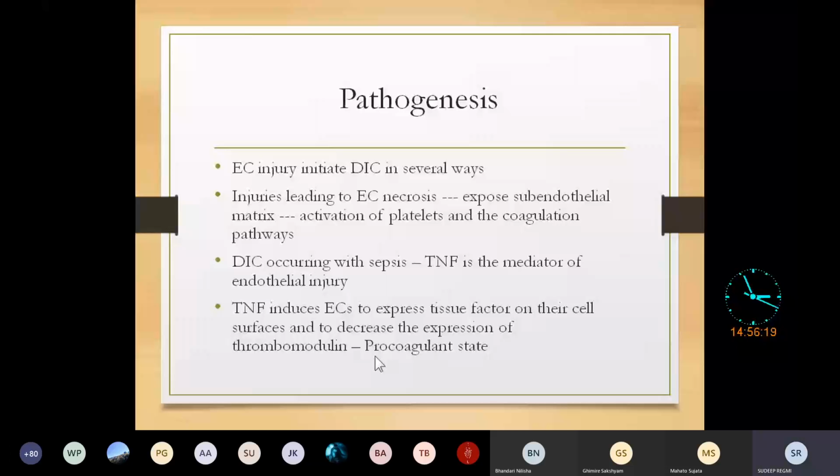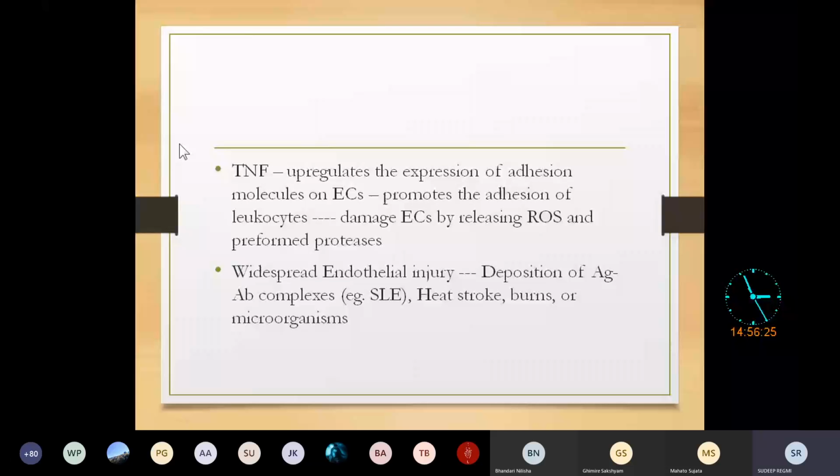And TNF also upregulates the expression of adhesion molecules on the endothelial cells and promotes the adhesion of leukocytes. Therefore, it will damage the endothelial cells by releasing reactive oxygen species and preformed proteases. And there can be widespread endothelial injury by deposition of antigen-antibody complexes like in SLE, or in heat stroke, burns, or microorganisms.